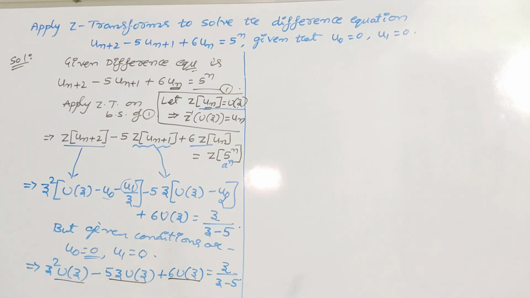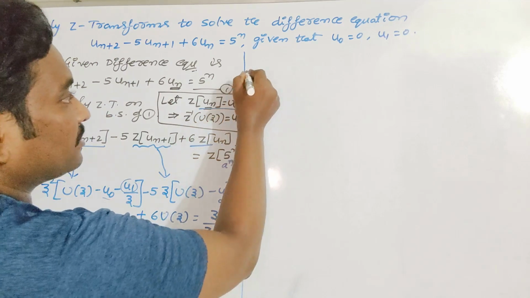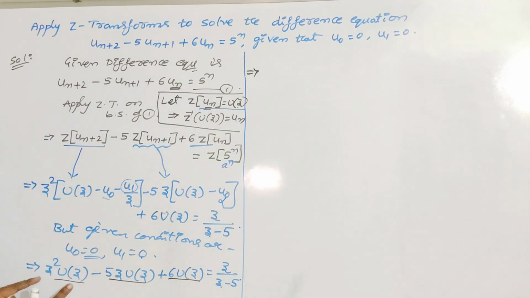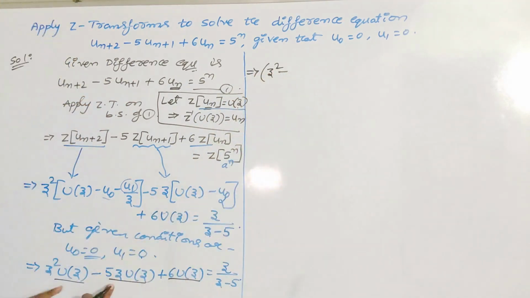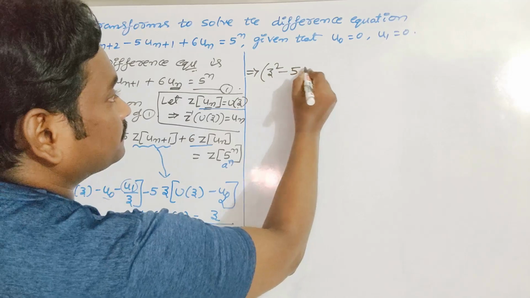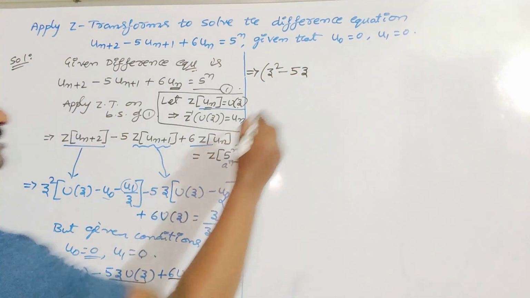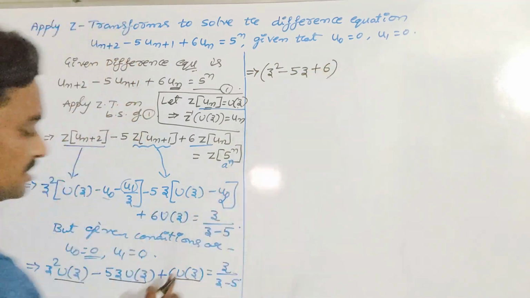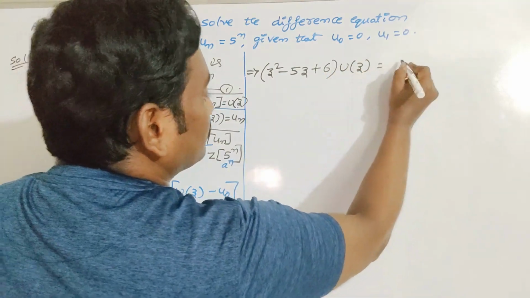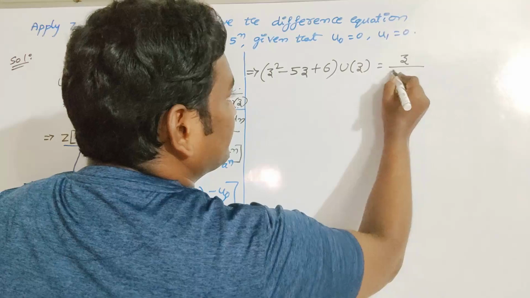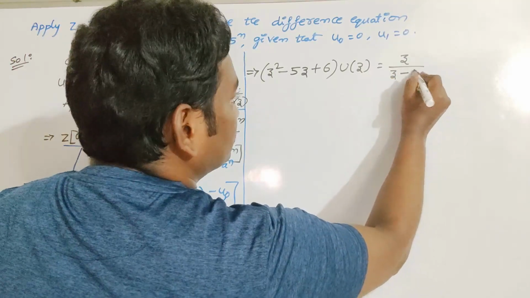So take U of z common out of each and every term. You will get U of z times z square minus 5z plus 6, the remaining terms, is equal to z by z minus 5.